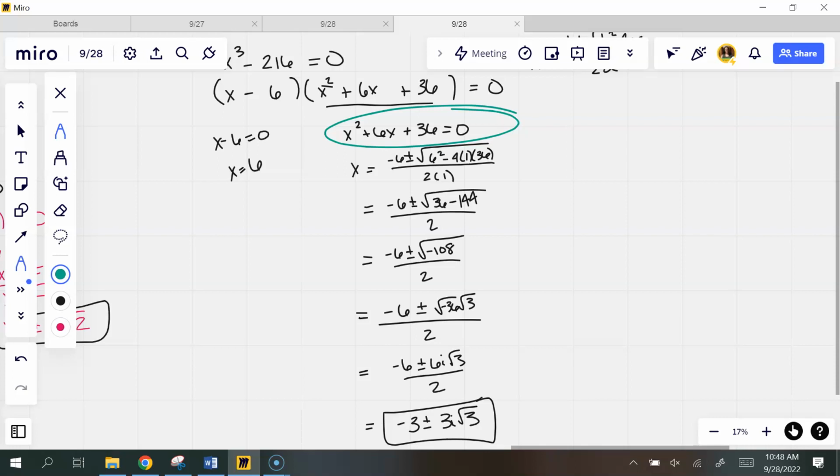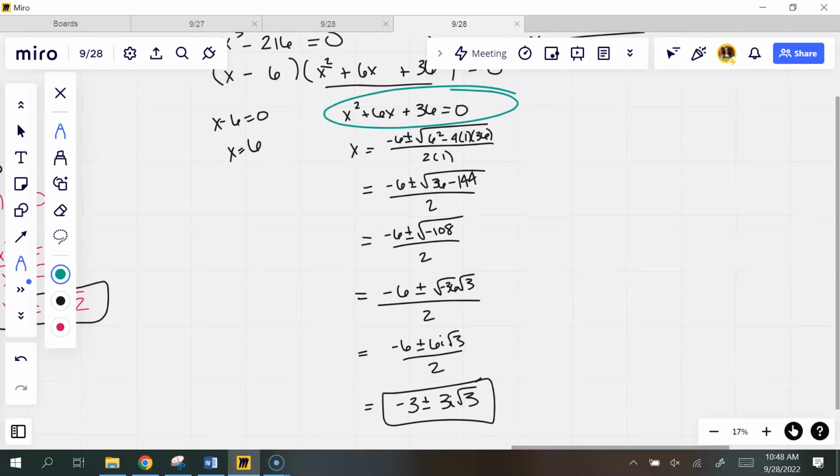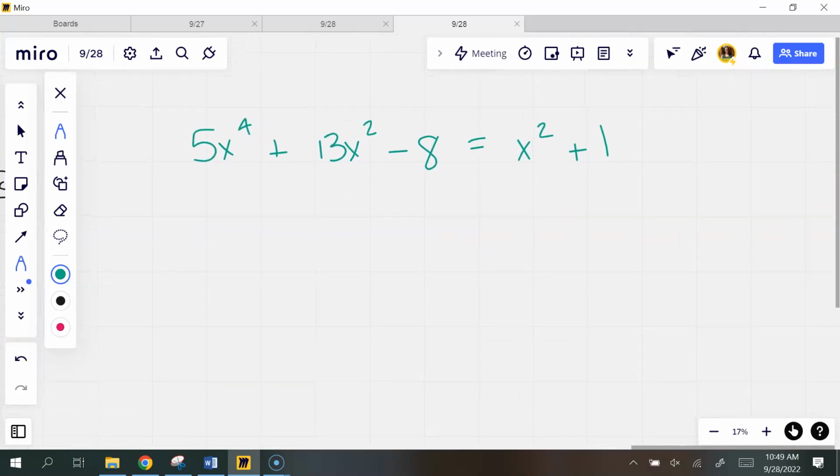You're the one that asked me to go back and you're saying your ABCs. 6 and negative 3 plus or minus 3i root 3. All right. Solve for X.